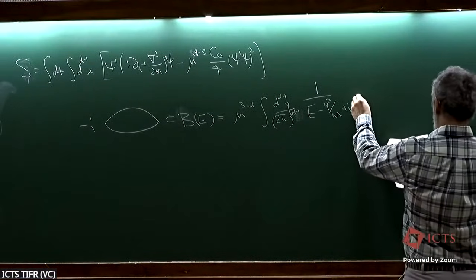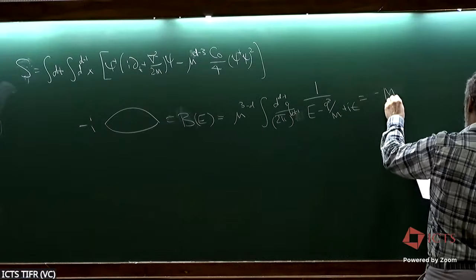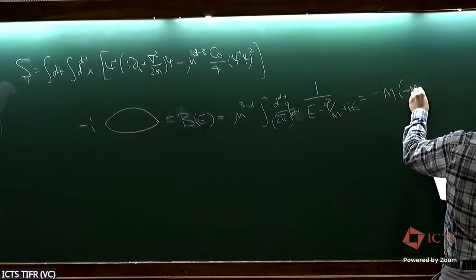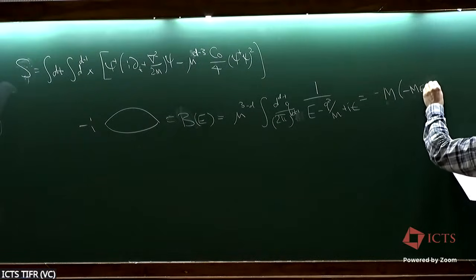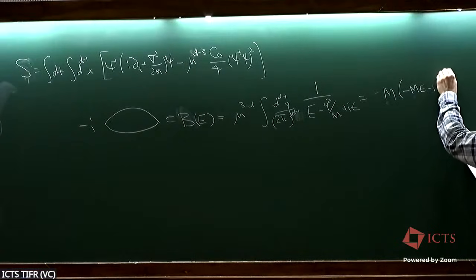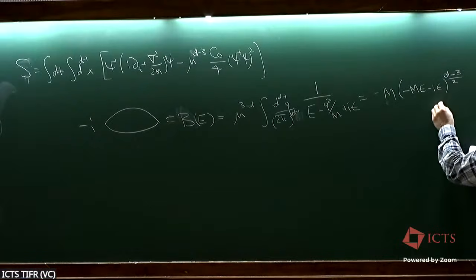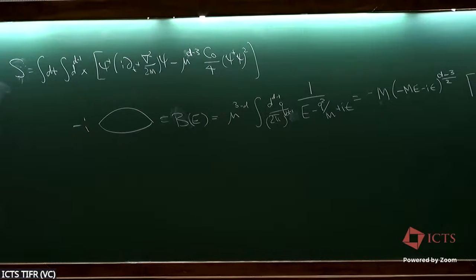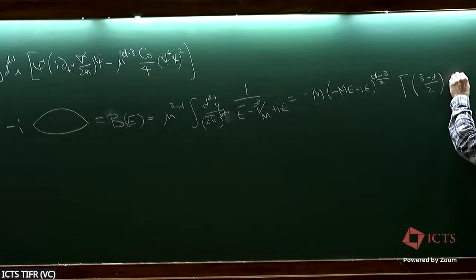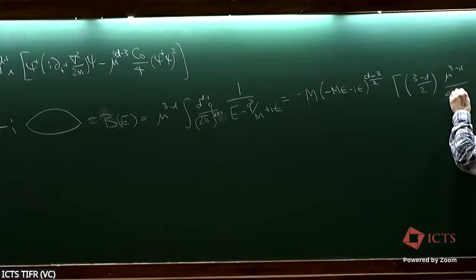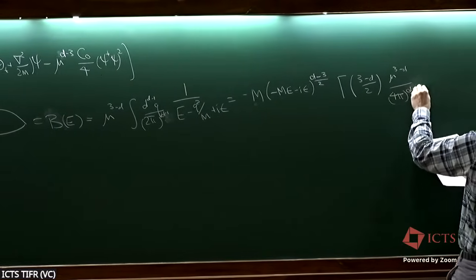And then this, if you use your dimensional regularization formulas, is minus M outside, times minus M E minus i epsilon to the (d minus 3) over 2, times the gamma function of (3 minus d) over 2, times mu to the 3 minus d over (4 pi) to the (d minus 1) over 2.